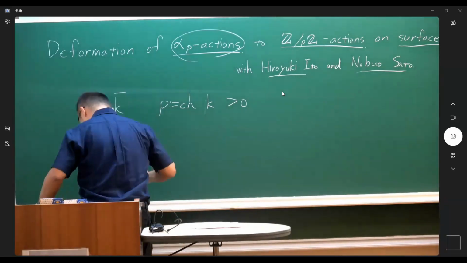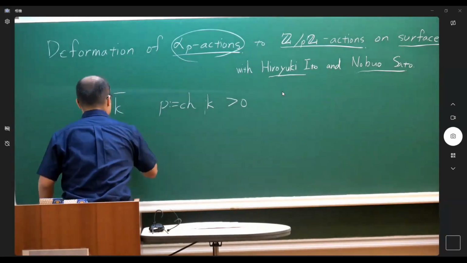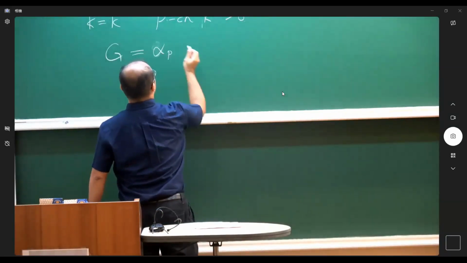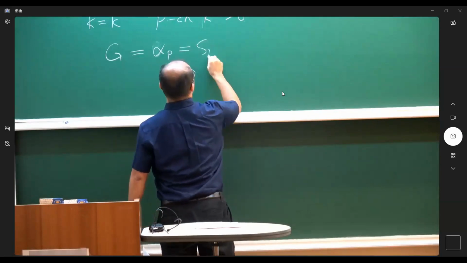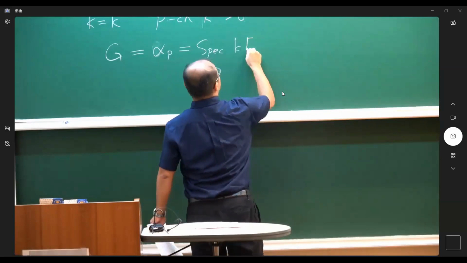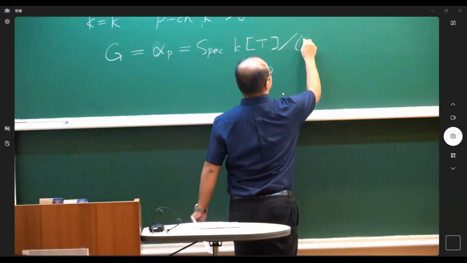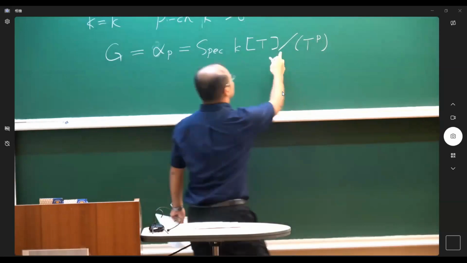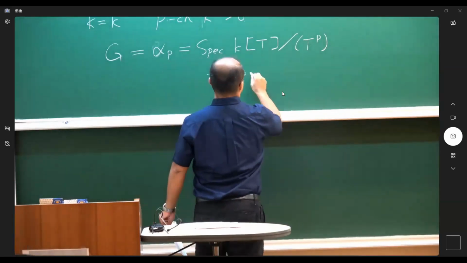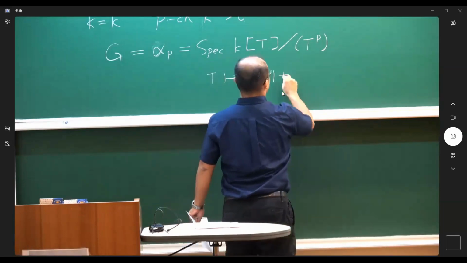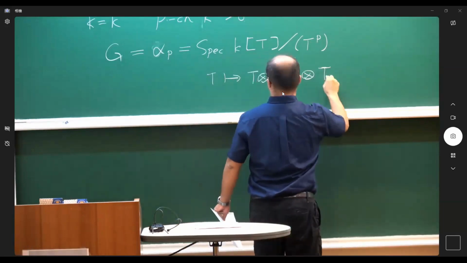So we consider the group scheme of local type, alpha p. This can be written as Spec k[t]/(t^p), and this is a Hopf algebra with multiplication and addition.